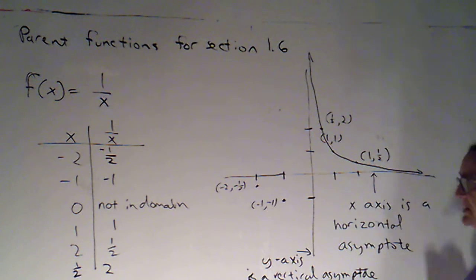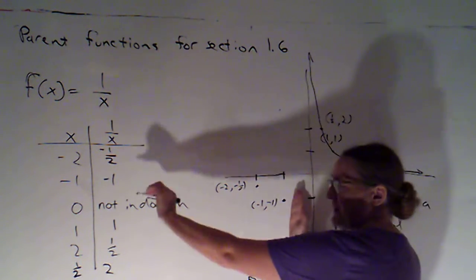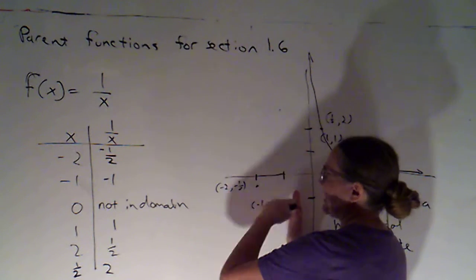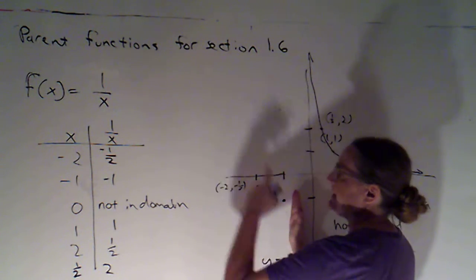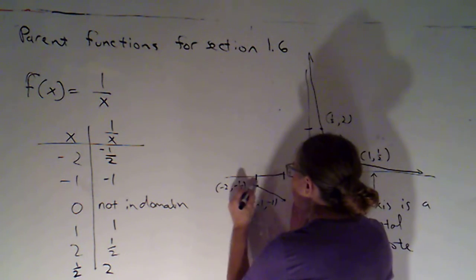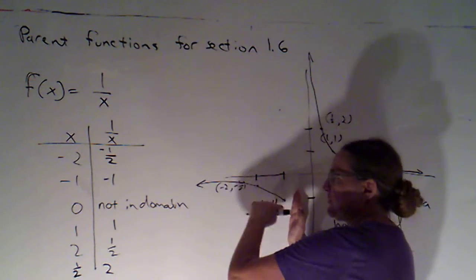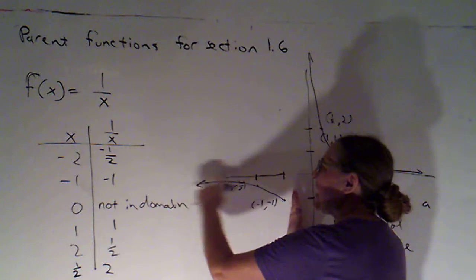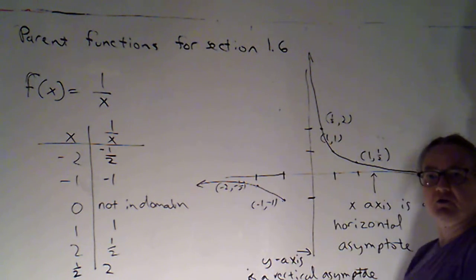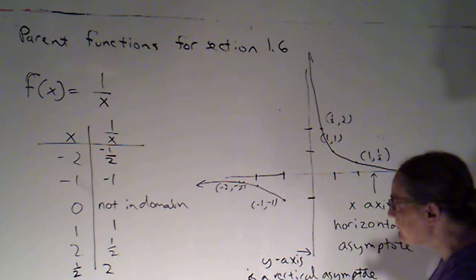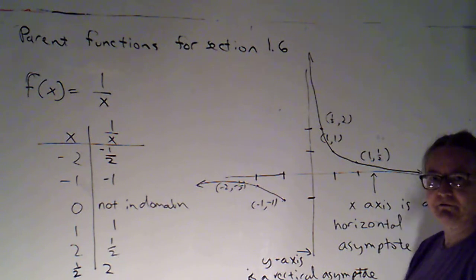I might want to do something similar. I can say as I keep going towards negative infinity, like if I go to -3, I'd get -1/3. So it looks like I've got a similar pattern here, that as I trace this backwards going to the left, my y values are getting closer and closer and closer to 0. They're negative, but they're getting less negative.